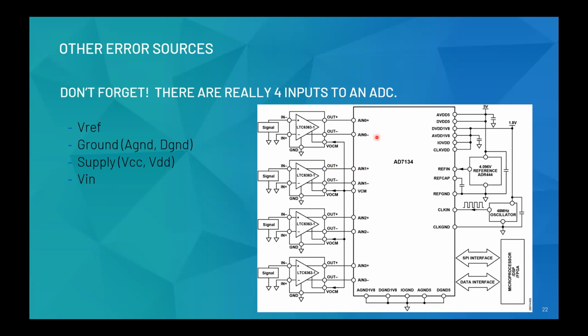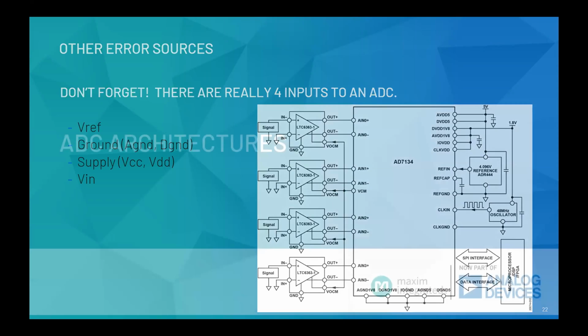That's how the digital codes get represented. The ground that comes along with the reference, as well as the power, the supply power to the part, and lastly your input signal. So all these are inputs to your ADC, and we need to make sure that all of them are clean, to make sure that the ADC is performing as intended.